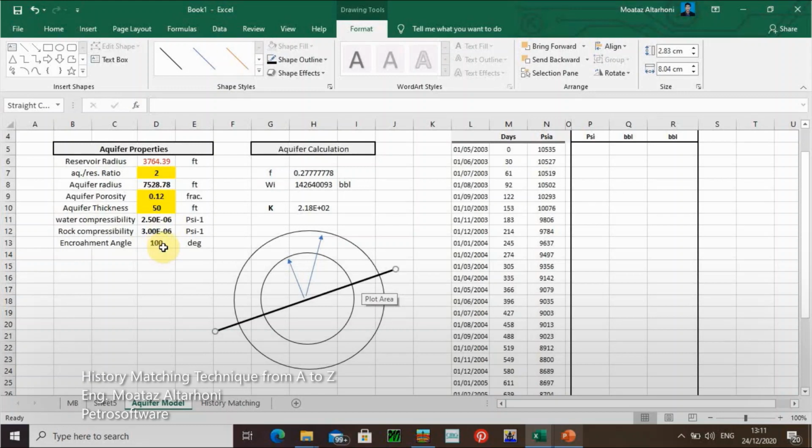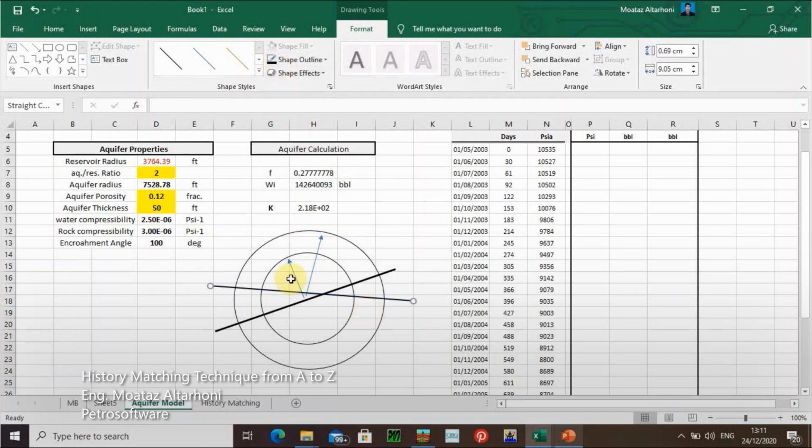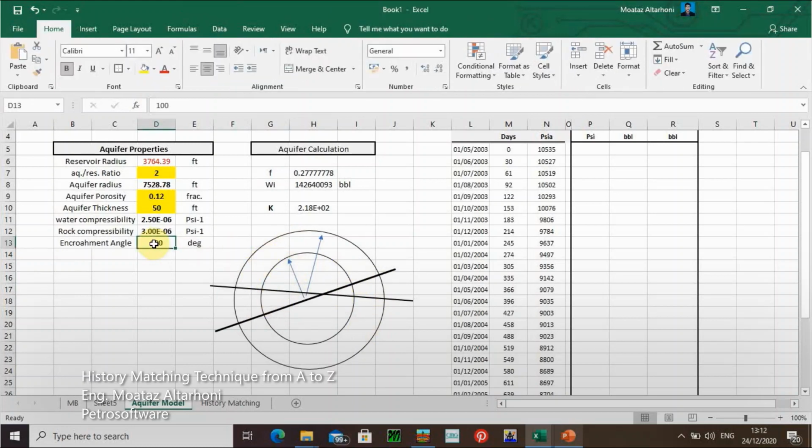And when I say 100 degrees, that means I have 2 faults here, so this is the degree of water coming from the side only. If I use 360, that means we don't have any fault, and the water comes from all the sides of the reservoir.